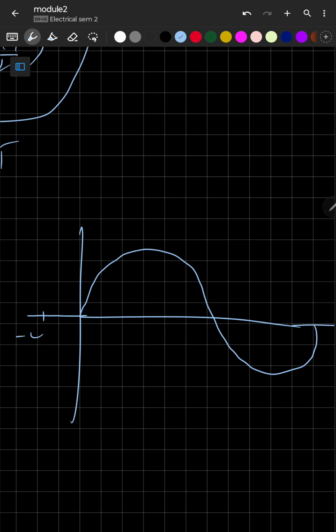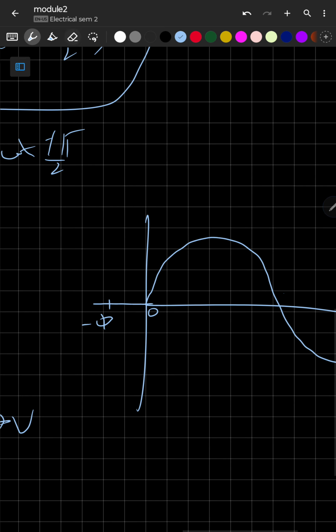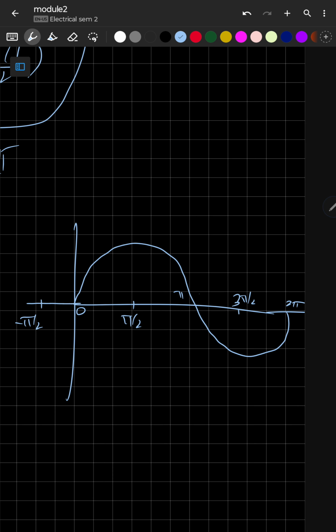This is going to be minus pi by 2, this is going to be 0, pi, 3 pi by 2, 2 pi. Okay, this is correct. Minus pi by 2, 3 pi by 2 and 2 pi.